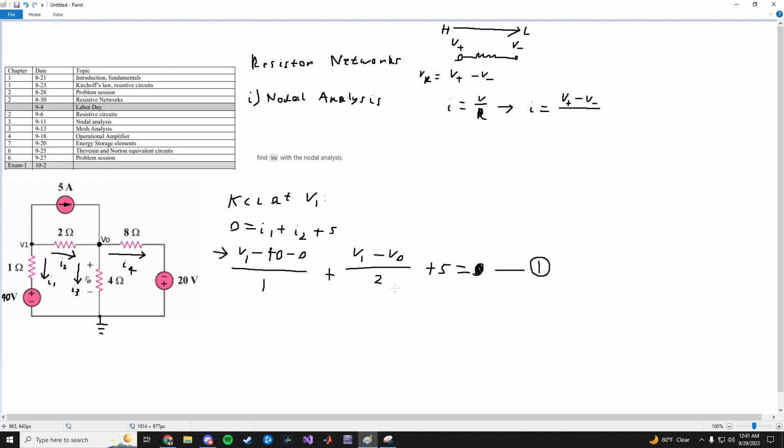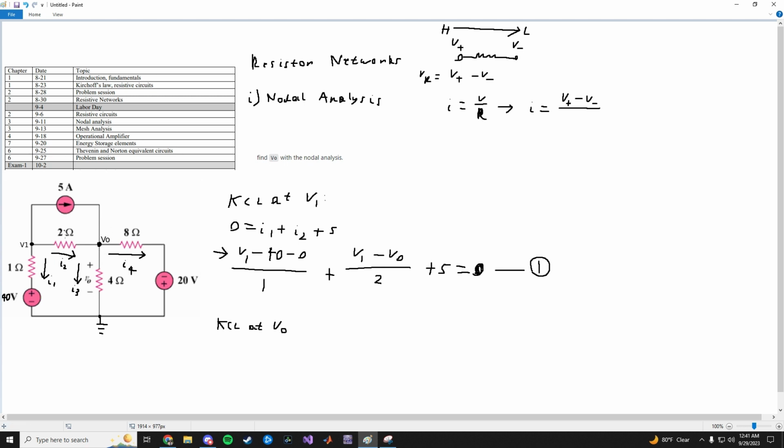There are two unknown nodes in the circuit, so I'll have to have another equation, which will be node V0. So I'll have to write the KCL at V0. Let's see the currents flowing in and the currents flowing out of V0.